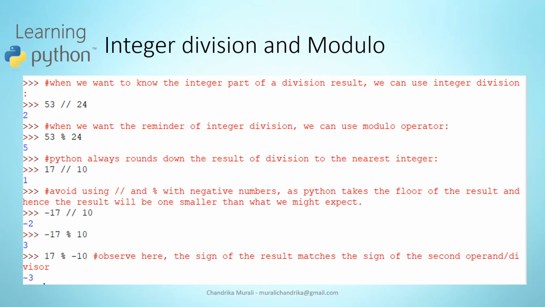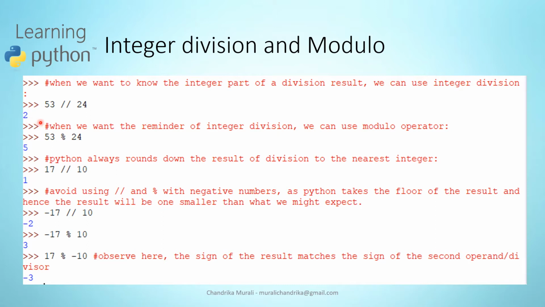Then moving on, the next type of operator is integer division and modulus operator. Integer division means the result of the division operator will be an integer and the fraction part will be removed.